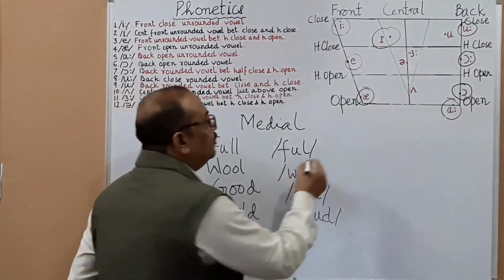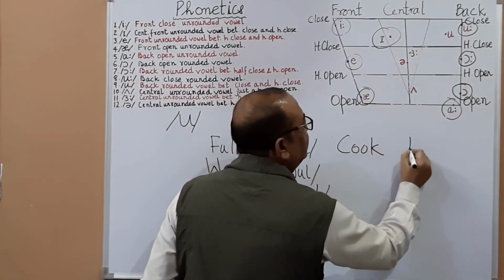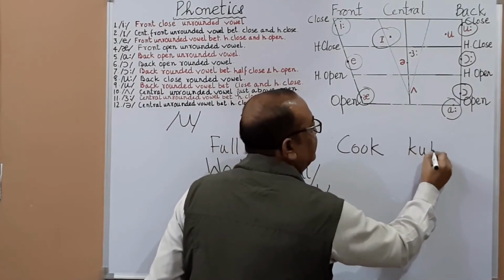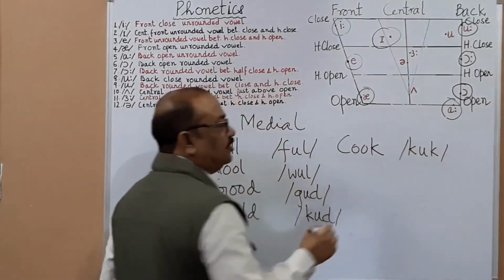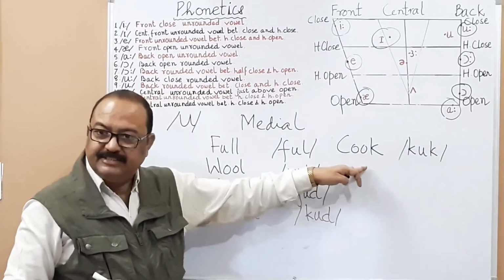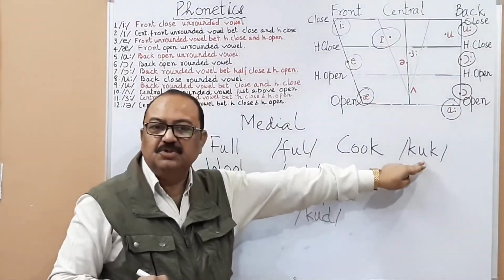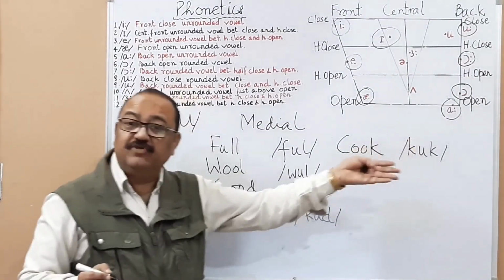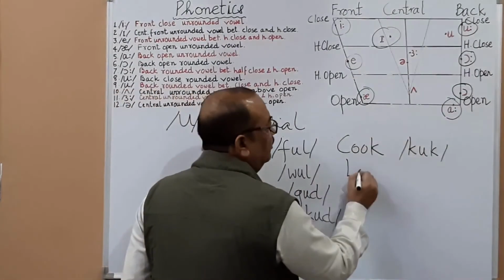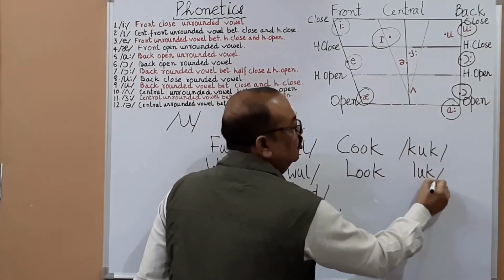Cook. Nice. How will you write this? You will write it like this. Cook. Here again you have double O, yet the sound is the short U sound. Or look, for example. Again here you have double O, but a short U sound.